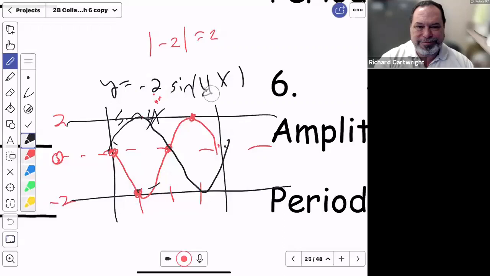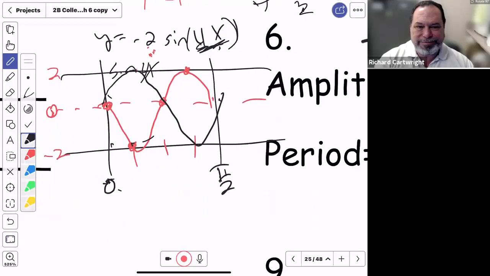Now, because there's a 4 in front, I had to do that period, which we said was 2 pi to pi over 2, meaning from here to where it starts, since there's no other number being added inside this function, it starts at 0 and it ends at pi over 2. Because it ends at pi over 2, how do I get these 3 tick marks?